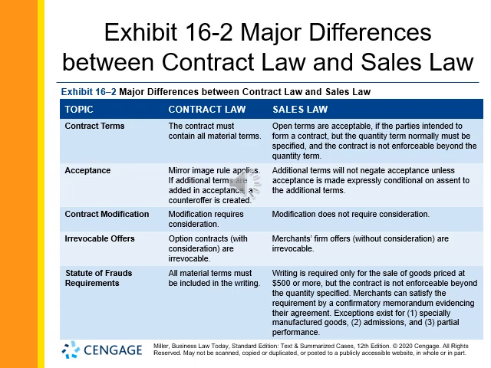Under sales law, the writing is only required for the sale of goods priced at $500 or more, but the contract is not enforceable beyond the quantity specified. Merchants can satisfy the requirement by a confirmatory memorandum evidencing their agreement. Exceptions exist for specially manufactured goods, admissions, and partial performance.